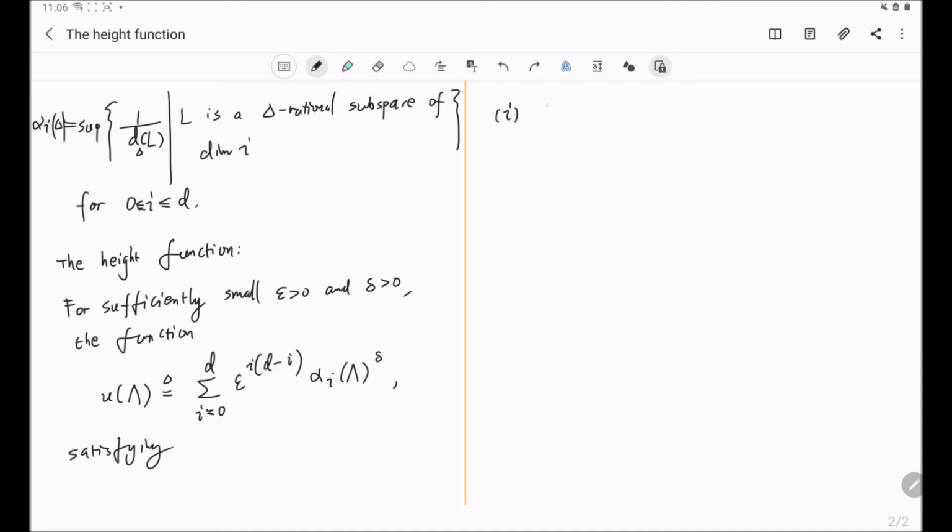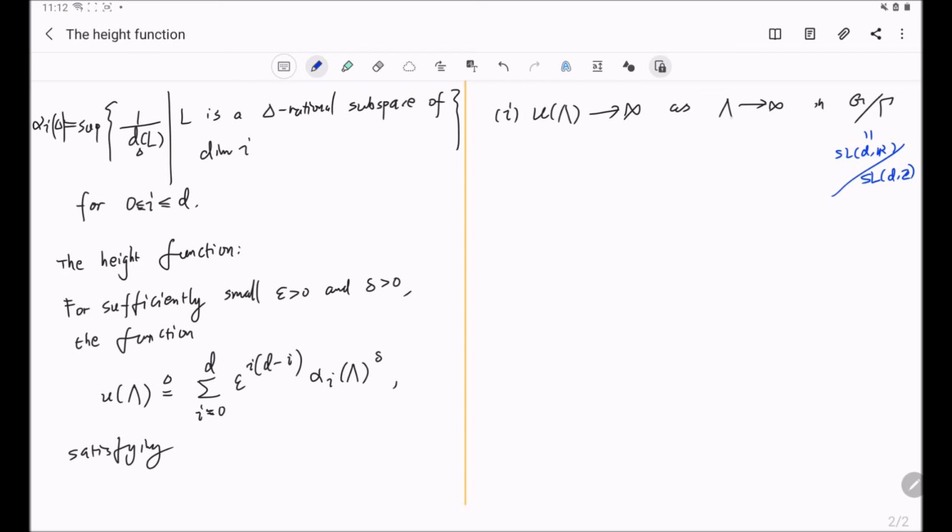First of all, u sub lambda will go to infinity as lambda goes to infinity in G mod gamma. Remember, G mod gamma here is SL(D, R) mod SL(D, Z).